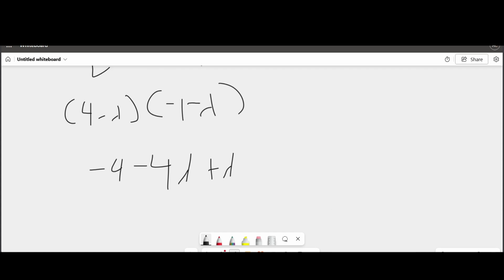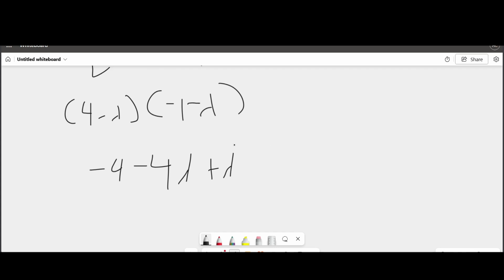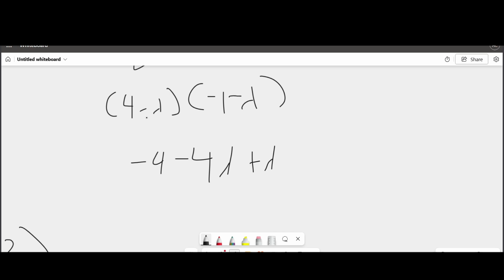Very sorry for that. Let's go back to where we left off. This is the last term. Negative lambda times negative lambda is positive lambda squared. So we're going to rearrange that.